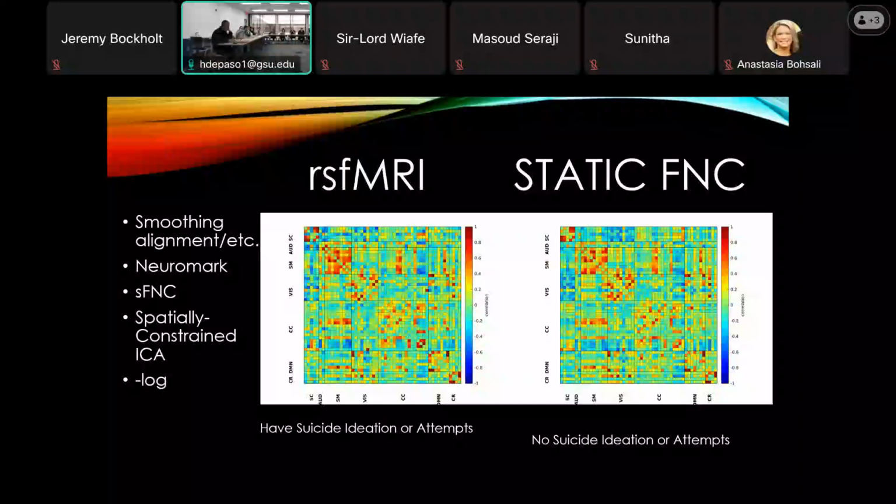We then used that to generate the static functional network connectivity. That is what we were showing here. I'm just going to briefly show that for the sake of time.